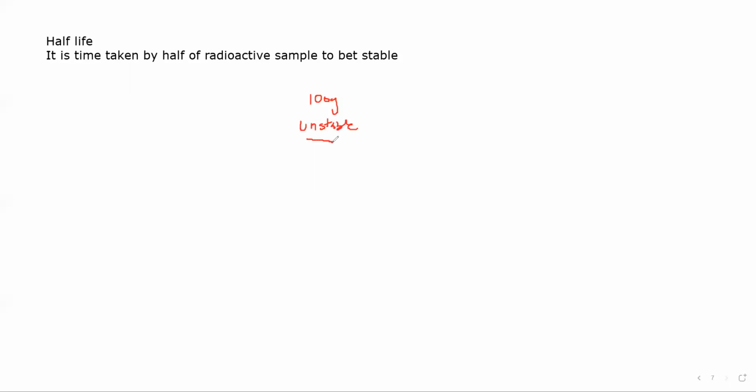After some time, you're left with 50 grams stable and 50 grams still unstable. 50 grams stable means it is not emitting radiation, and 50 grams unstable means still emitting radiation.